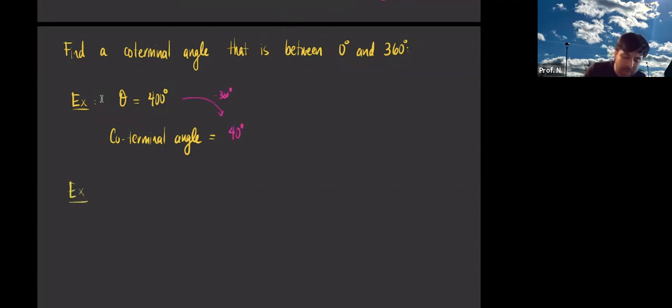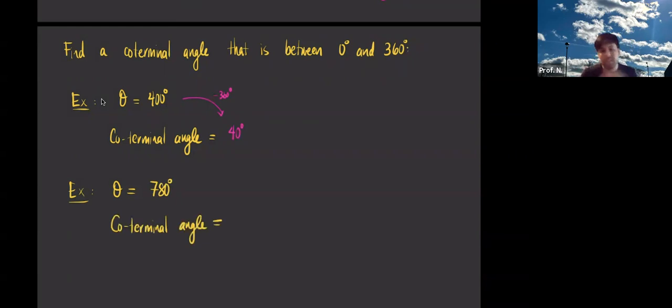So we have to be mindful of what interval you're in. So let me give you another example. So what if my angle is 780 degrees, for example, and I want to find a coterminal angle. And again, my coterminal angle, I just specified it to be between 0 and 360.